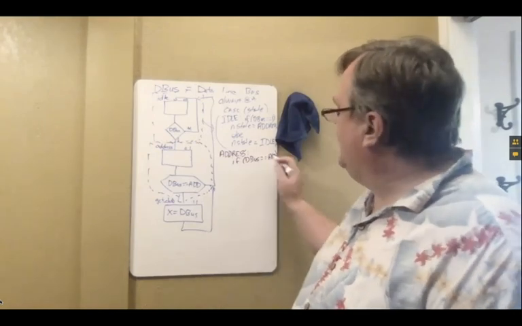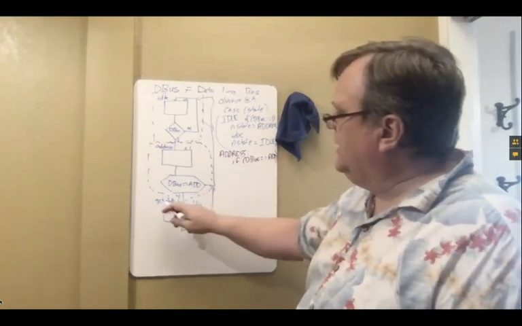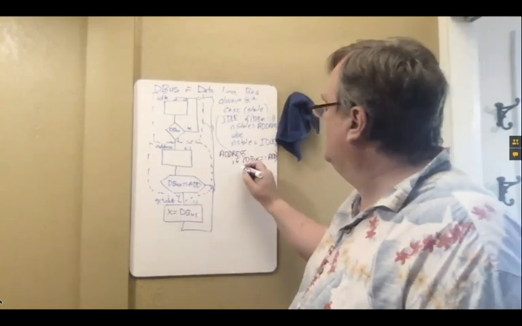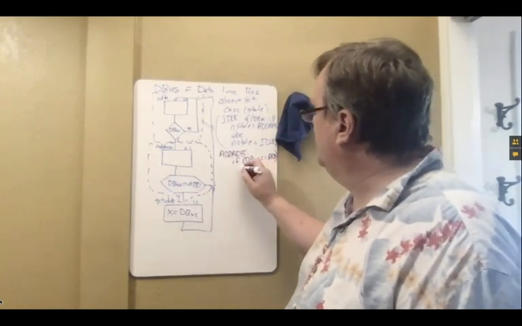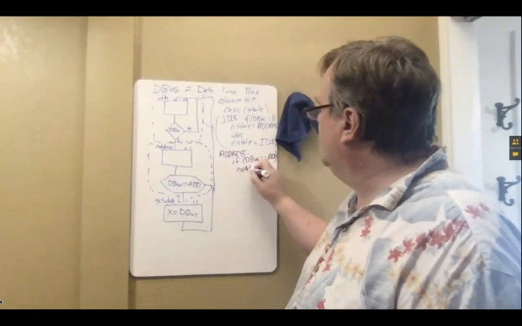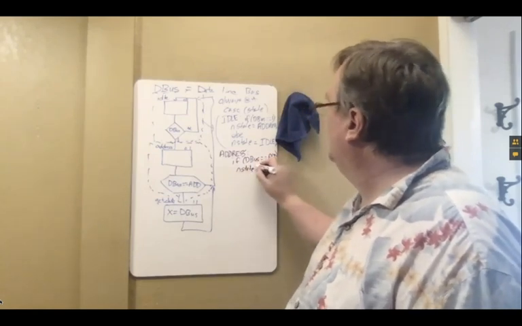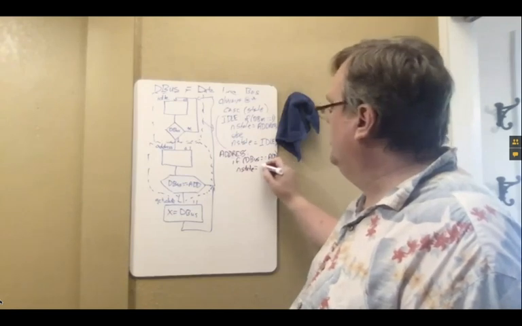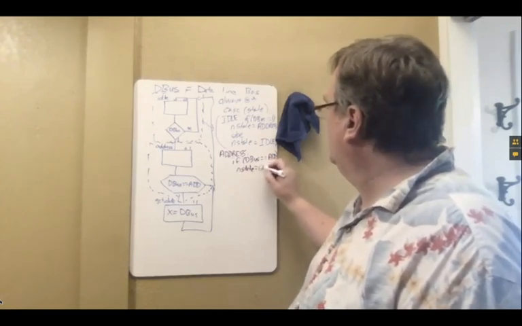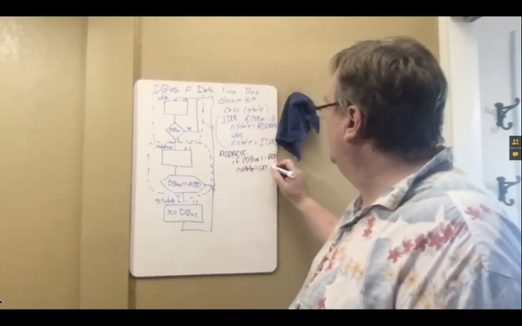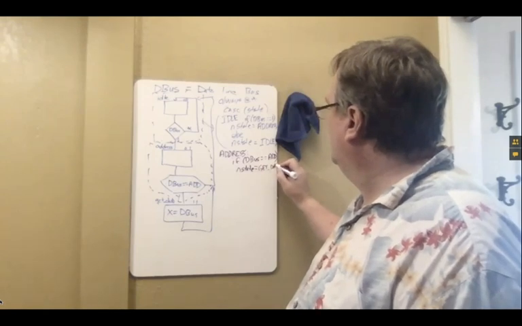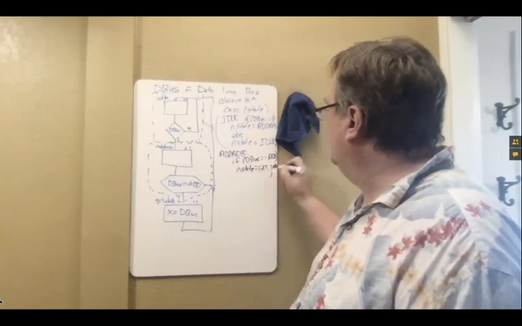Well, if it is, then my next state is get data. So if that is true, next state is equal to get data, semicolon.